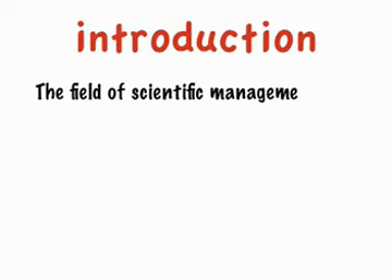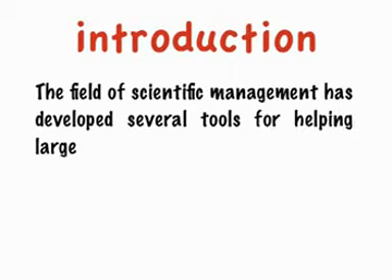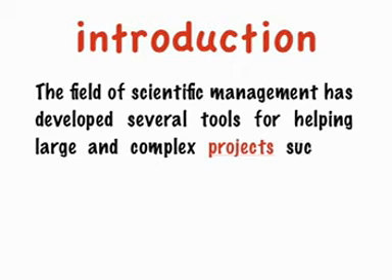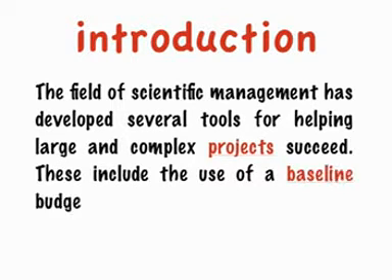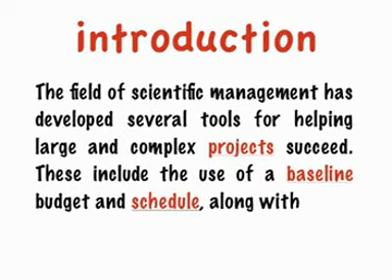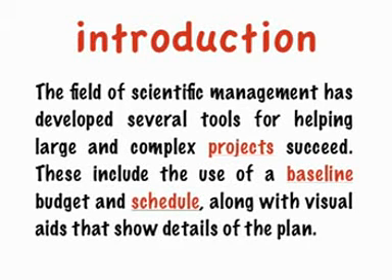The field of scientific management has developed several tools for helping large and complex projects succeed. These include the use of a baseline budget and schedule, along with visual aids that show details of the plan.